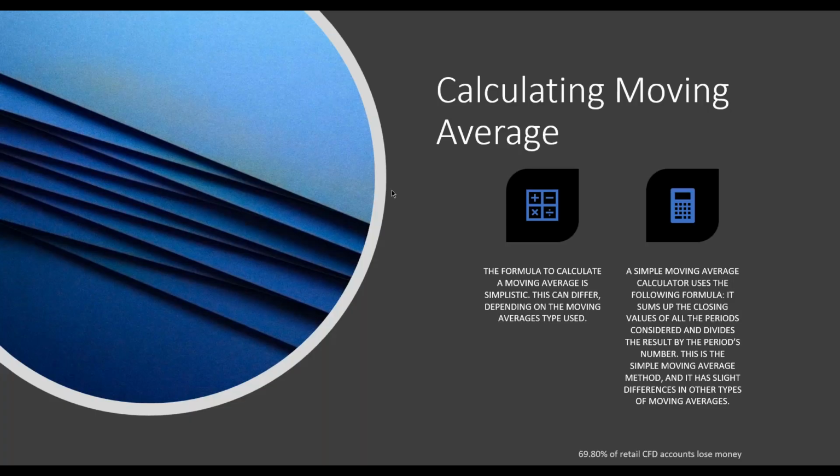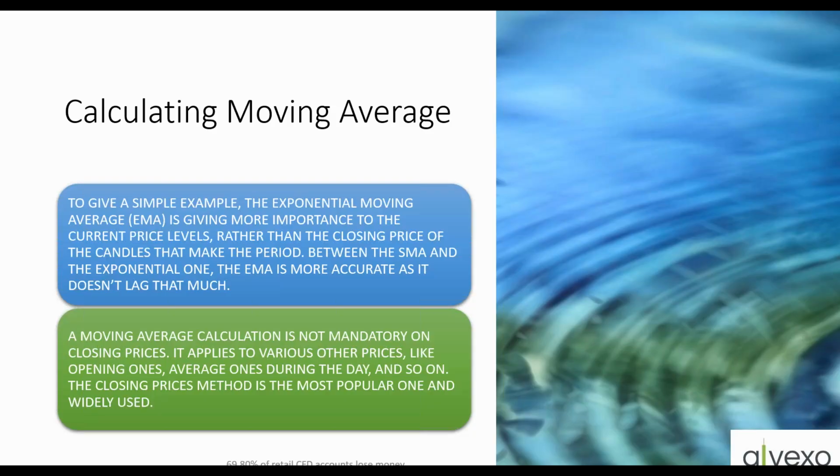The criteria for an exponential moving average is that it gives more importance to the most current price level rather than just the closing prices of the previous periods.